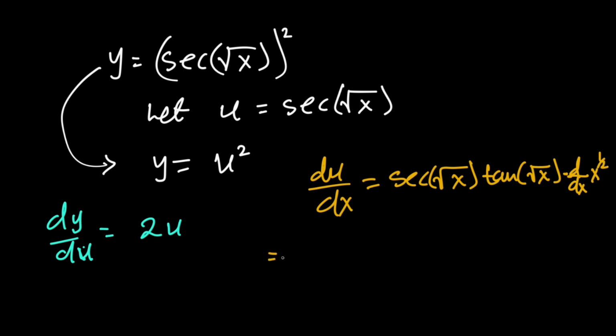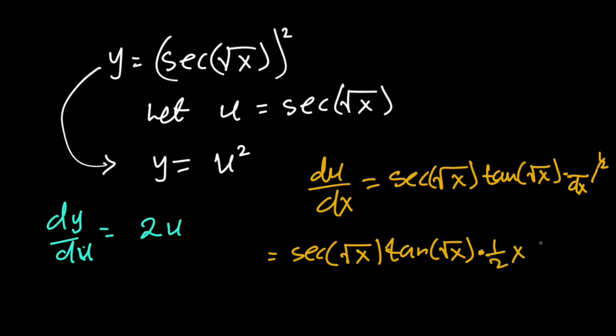So that means this is going to give us secant square root of x tangent square root of x, times, now we are differentiating, so we have to move this half to the front. So that is going to be 1/2 x to the power, then we subtract 1 from the power, giving us negative 1/2.